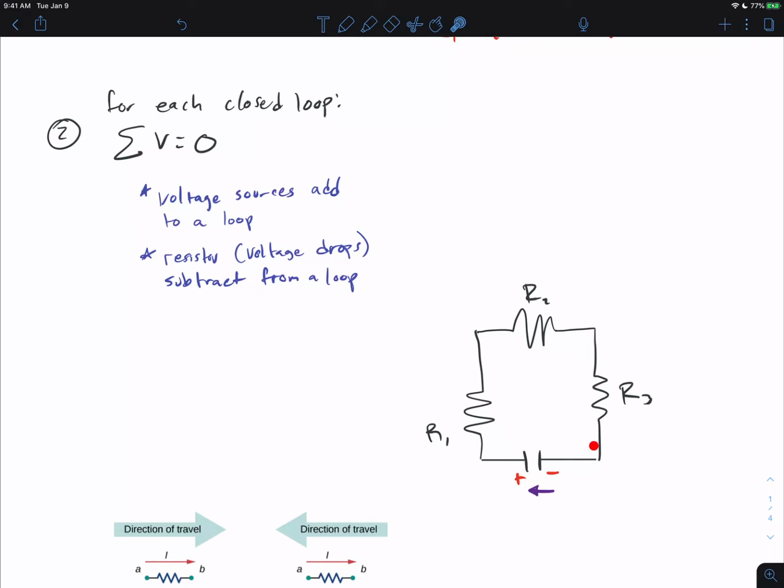So when we cross this way, going to the left on this part of our wire, we are gaining potential. Here we have low potential, here we have high potential, right? So that's what I mean by it adds to our loop, okay? But then anytime we go across one of these resistors, our potential is going down, right? So the direction really matters here. I'll get to that in a little bit.